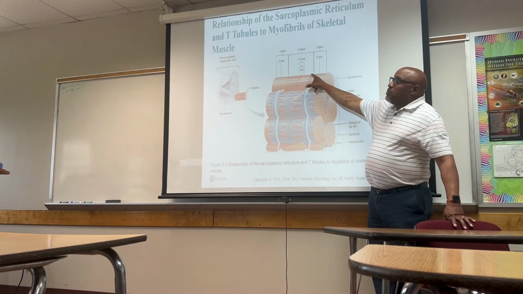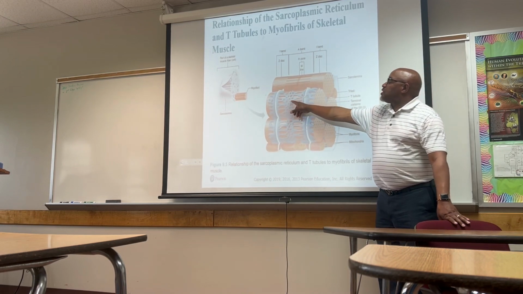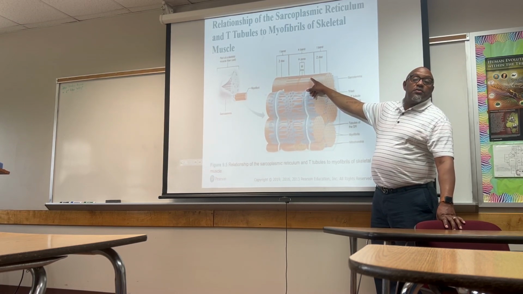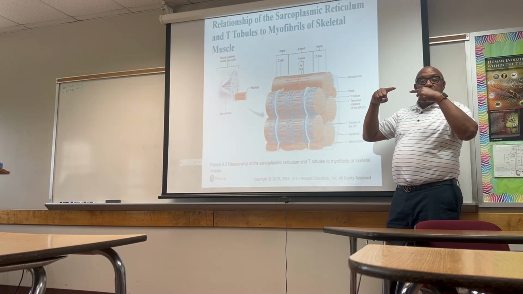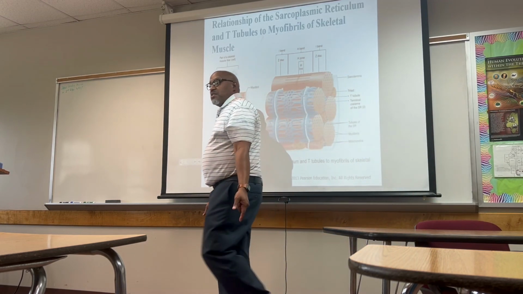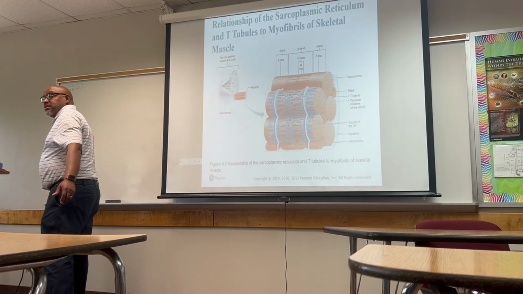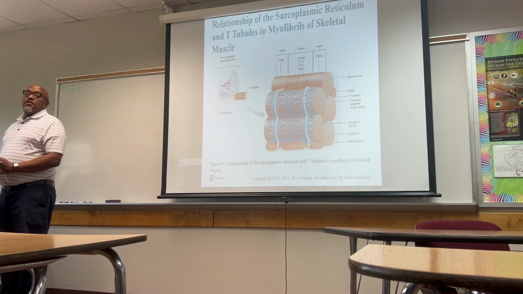So this blue has troponin blocking it. When the sarcoplasmic reticulum releases calcium, the troponin are moved. So now the actin and myosin can contract. This is how our brain sends a signal to the muscle fibers, which then go to the myofilaments to cause them to contract. Isn't that fun?